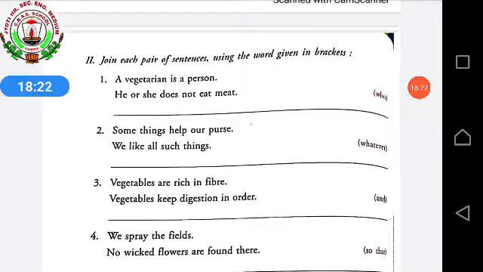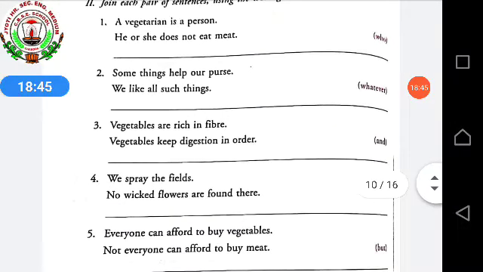Now the second one. Some things help our purse. We like all such things. And the bracket word is whatever. So what will be the answer? We like whatever helps our purse. In the same way, let's see the third one. Vegetables are rich in fiber.